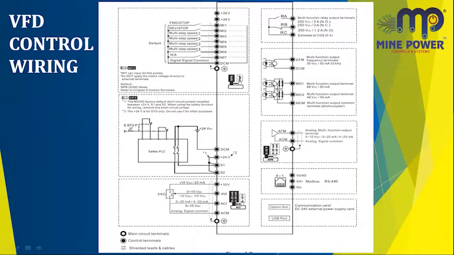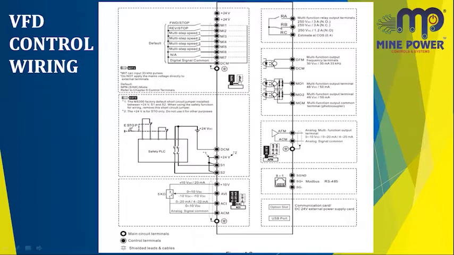With current rating you can control the frequency, or on the voltage side you can control the frequency also. Maximum current rating is 20 milliamps. You can vary the motor by giving 1 milliamp, 2 milliamps, 5 milliamps or 10 milliamps up to 20 milliamps. You can vary the potentiometer and you can control the frequency.